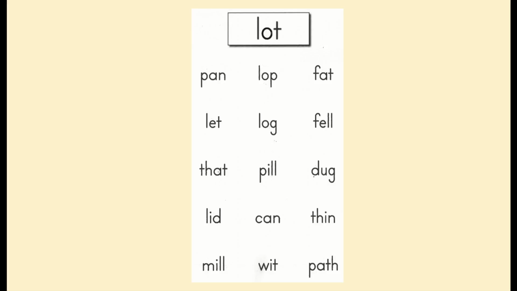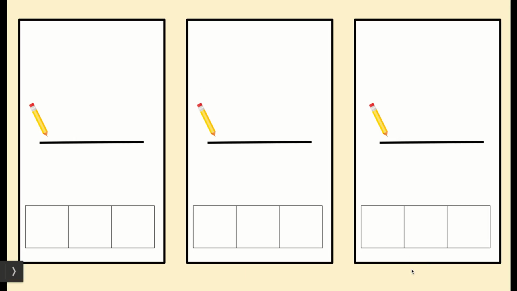Now let's practice spelling some of those words. The first word that we're going to spell today is the word fell. Remember to stretch it out and listen for the sounds. Fell. Now write the letters that make the sounds you hear in the word fell.